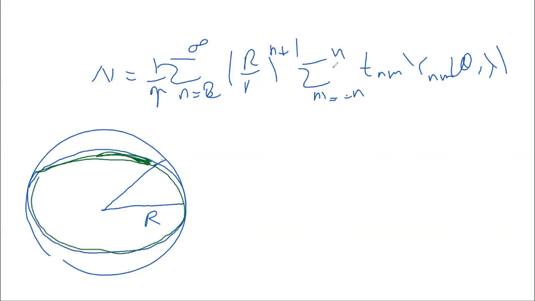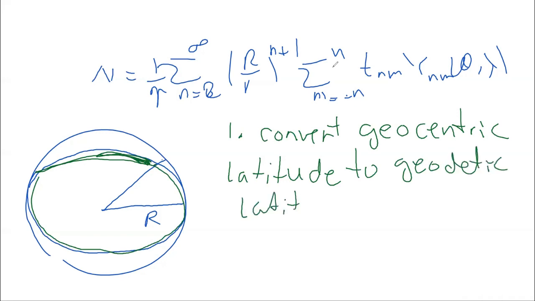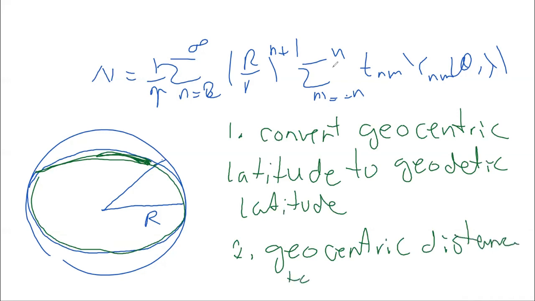Therefore, you need to do two things. First, convert geocentric latitude to geodetic latitude, and second is to compute geocentric distance to the surface of the ellipsoid.